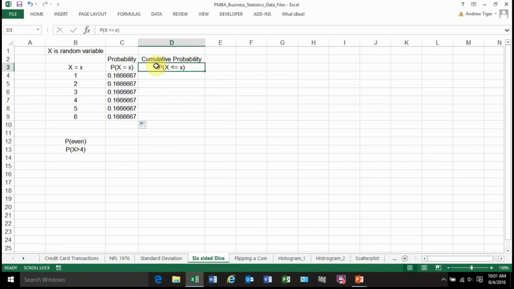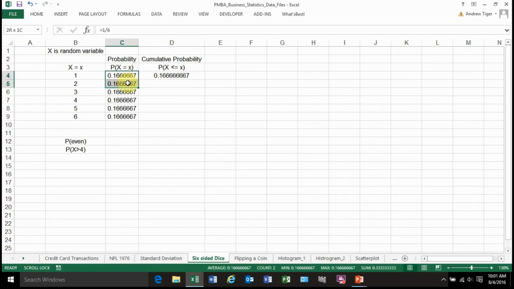So I can calculate a cumulative probability from these. And look what I'm going to do. The very first one I just bring over. So the cumulative probability of 1 is the same as this one. But what is the cumulative probability of a 2?